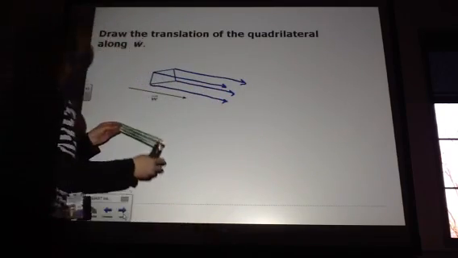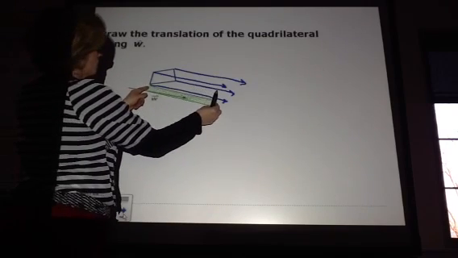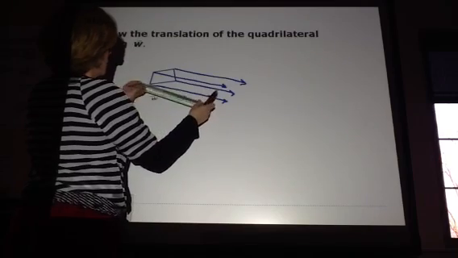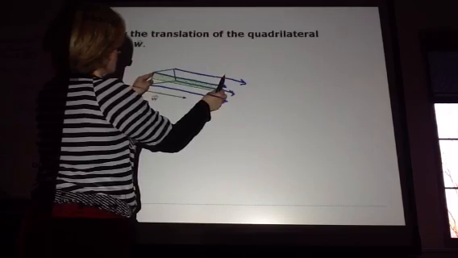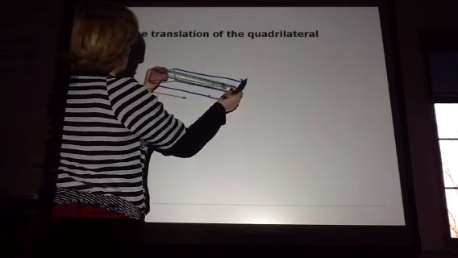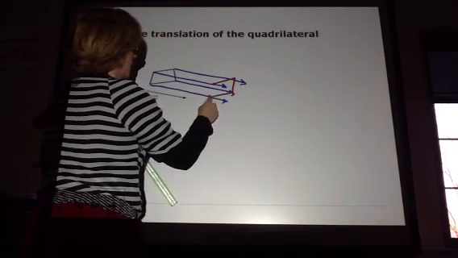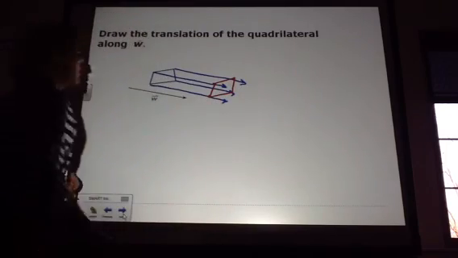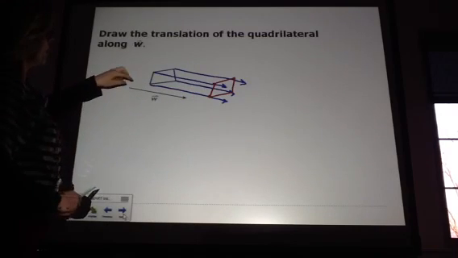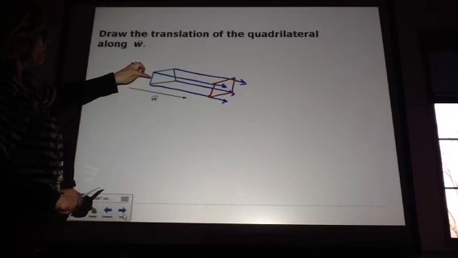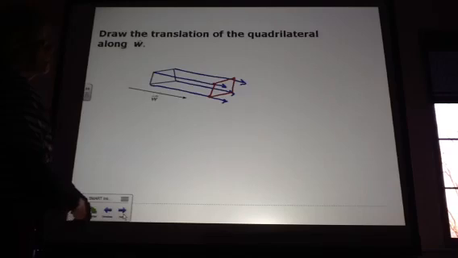Okay, and then I measure my vector from each vertex. And then I connect those 4 points, and what I just did is I moved, and it looks like it could be more precise, hopefully y'all's is more precise than mine, this pre-image, the blue, the distance of this vector W, and got this image red.